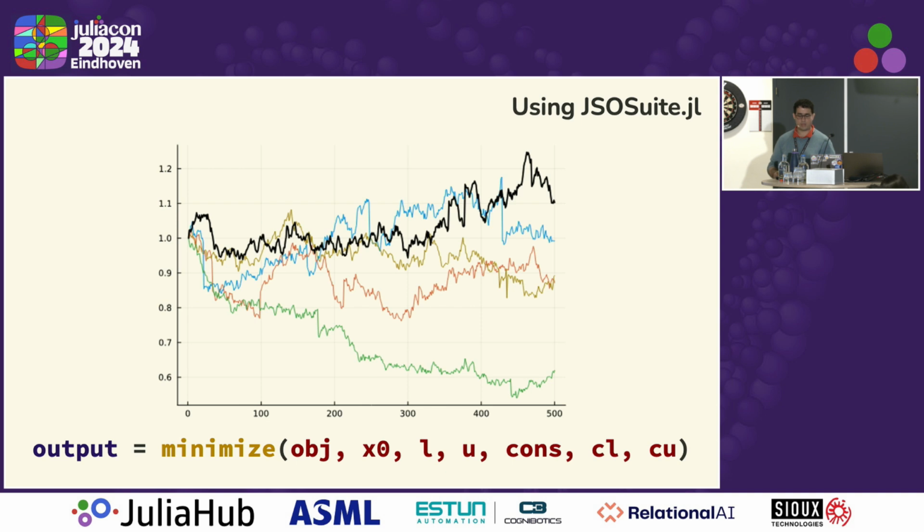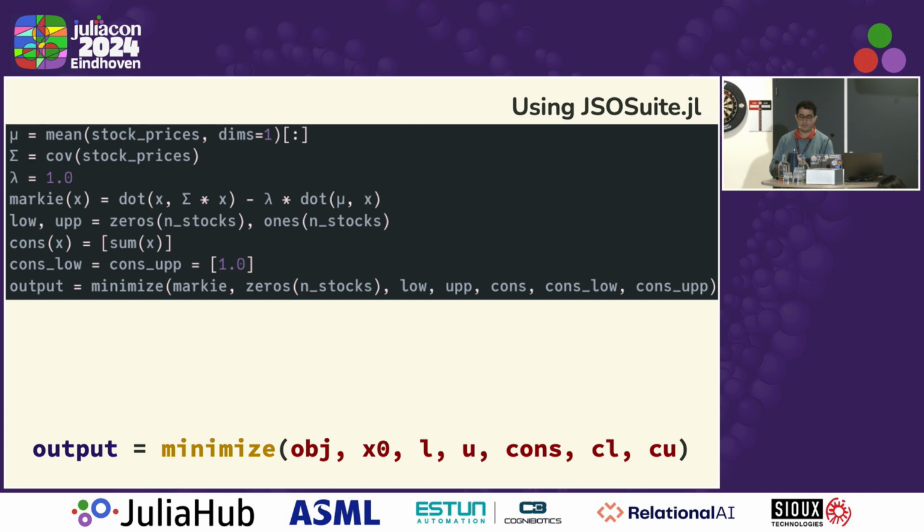And you have a constraint, which is a function, this constraint and its bounds, which is: I'm going to take all of these fractions, and they must add up to 1, right? So this is the normal interface for that, and this is the implementation of that problem.